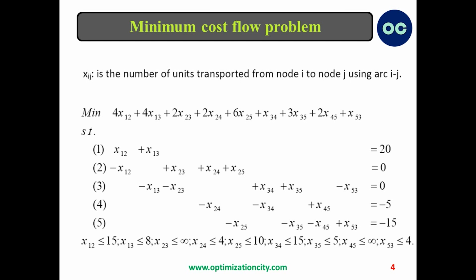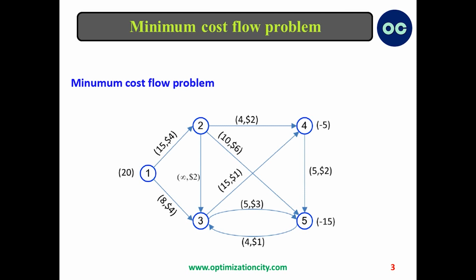Let's consider the balance equation at node 1 as an example. The equation states that the combined flow leaving node i, which is arcs 1,2 and 1,3, should be equal to the supply available at node i. So you can see that at node 1, two arcs leave this node.